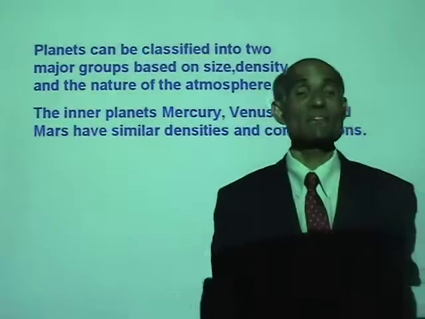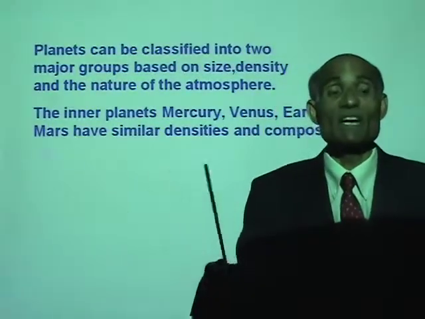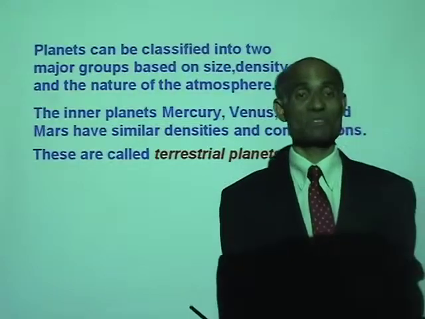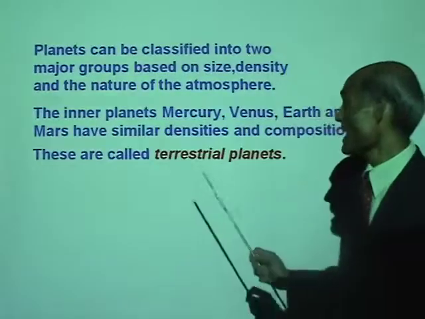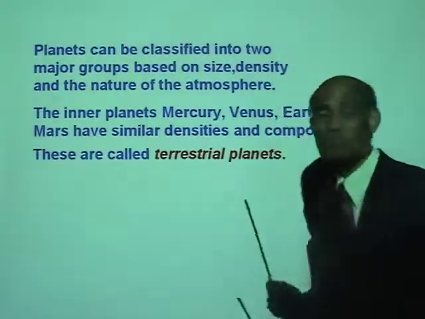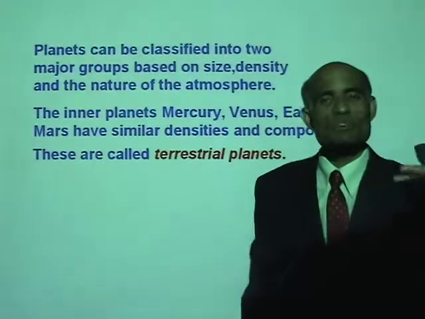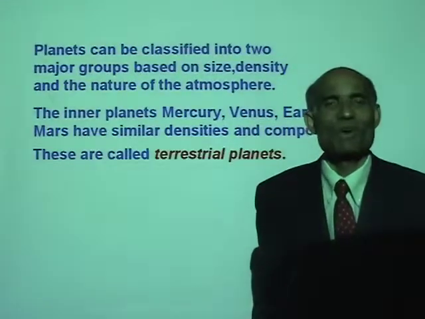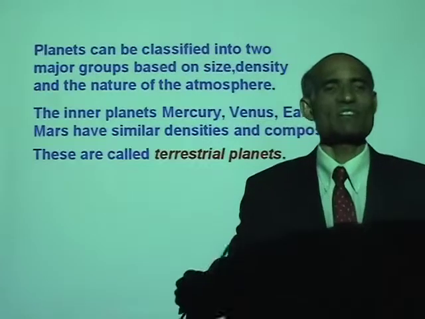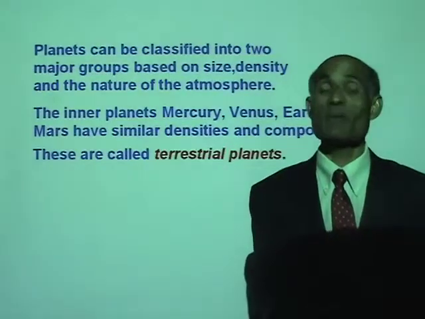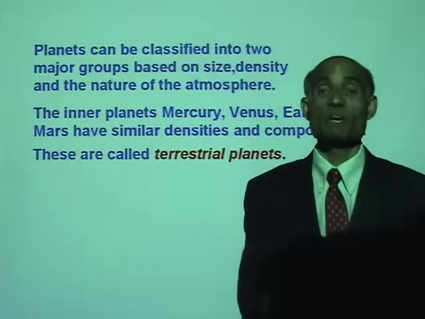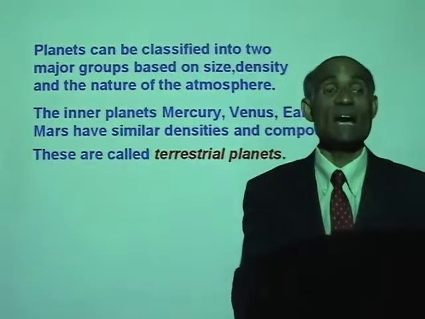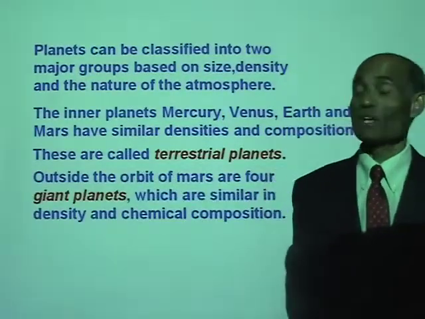So all these inner planets are very similar in their density and compositions. Therefore, they are called terrestrial planets. They have the terrestrial characteristics. All their terrestrial characteristics are the same. So what are the terrestrial planets? Mercury, Venus, Earth, and Mars.